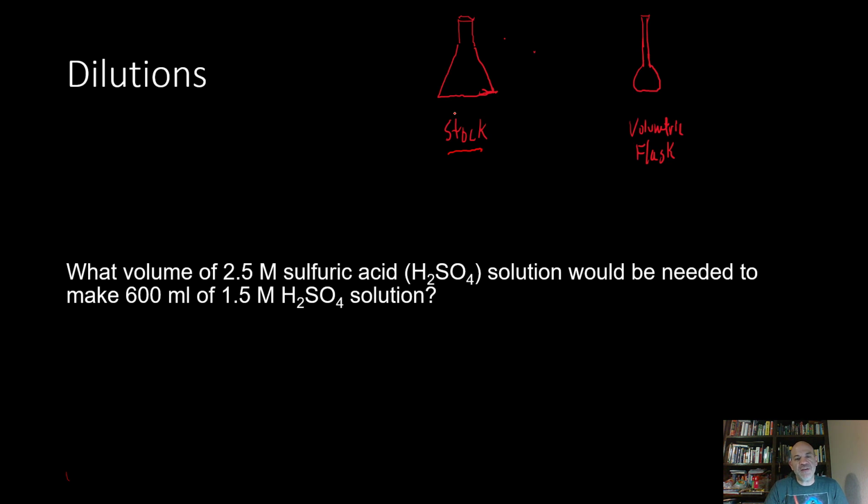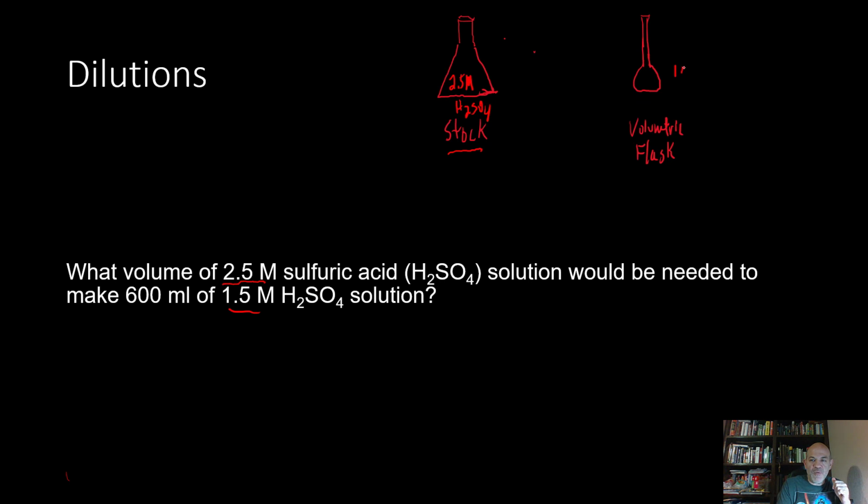So here is a typical situation. Let's say we have a stock solution of sulfuric acid, and in this case, it says that the concentration of sulfuric acid, which actually a real concentrated stock solution would be 18 molar. In this case, this one is only 2.5. You always label your containers with what there is as a safety thing. So it's 2.5 molar sulfuric acid, H2SO4, and we wish to make a diluted solution, it says here, of 1.5.